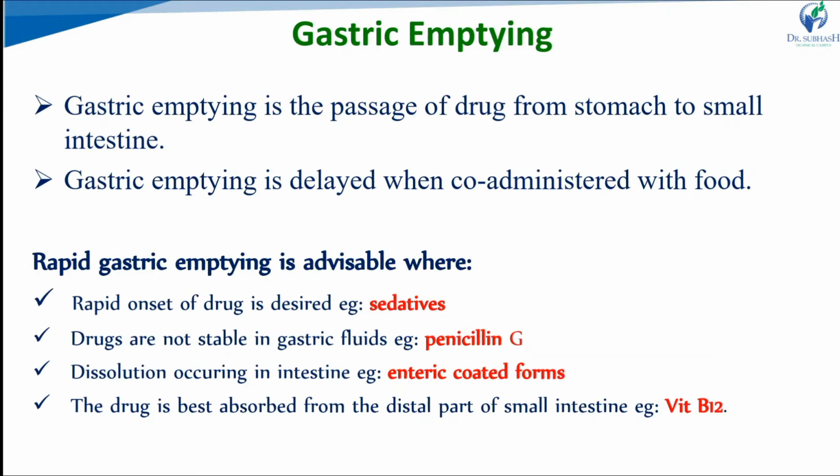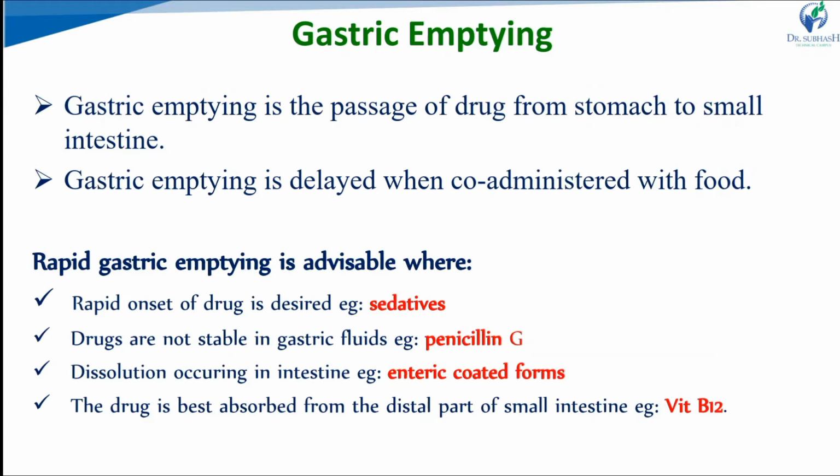Previously we saw the pharmaceutical and physicochemical factors affecting drug absorption. Similarly, apart from dissolution of the drug and its permeation through the membrane, gastric emptying is also one of the parameters affecting drug absorption.